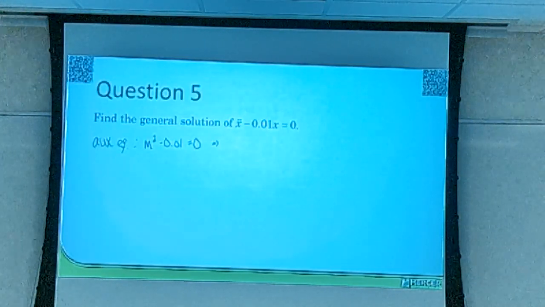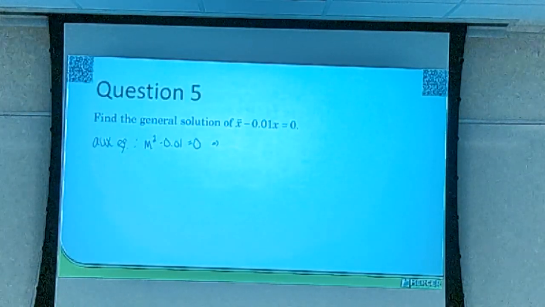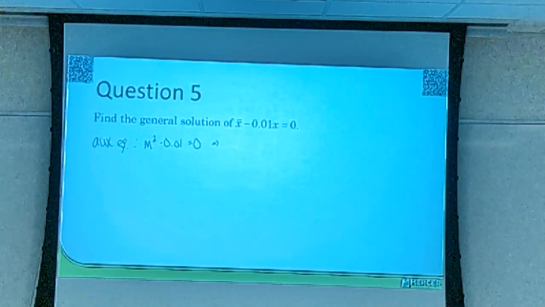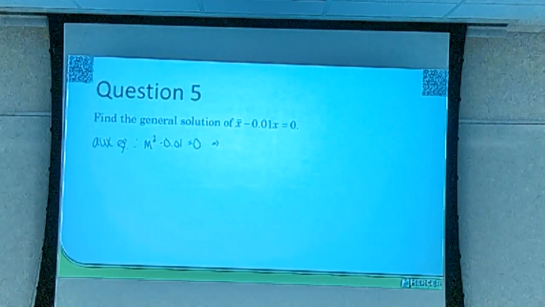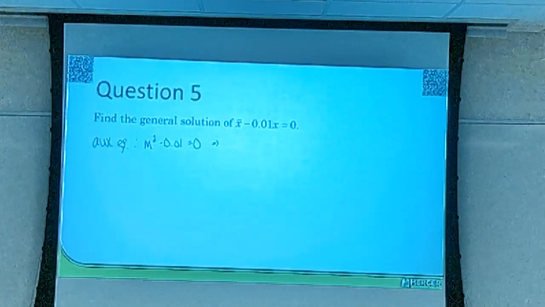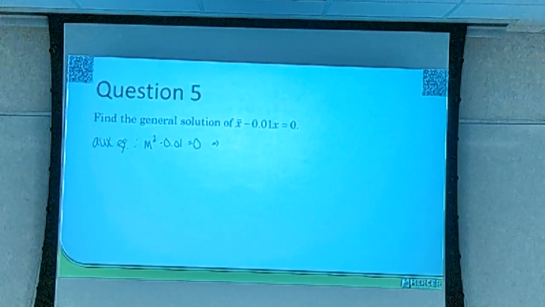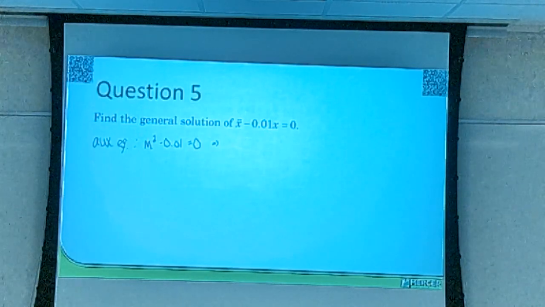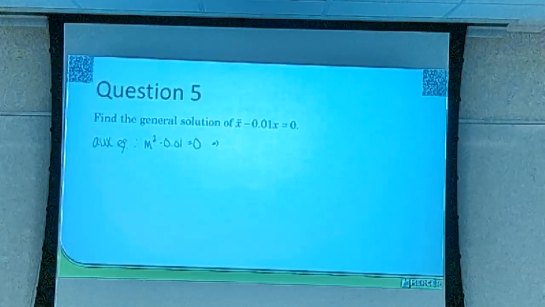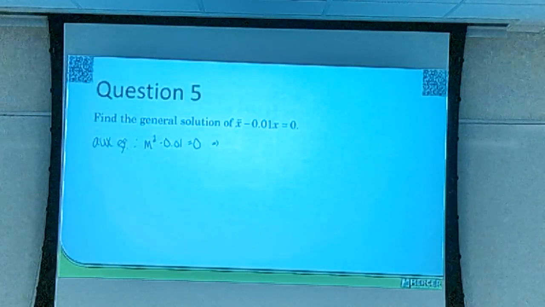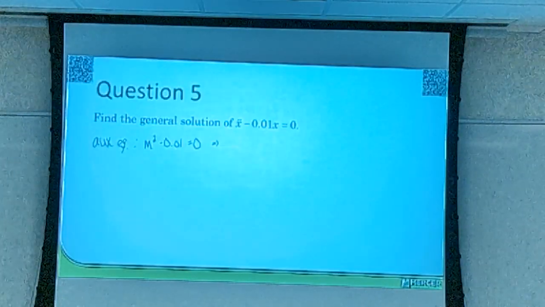What's the square root of 0.01? What is it? What did you say? 1/100. Well, that's what 0.01 is. What's the square root of that?